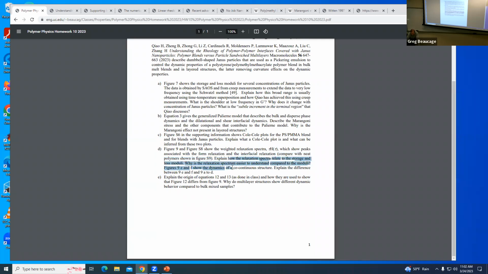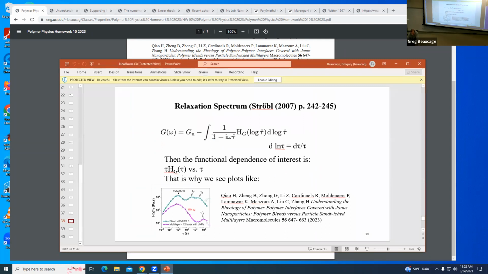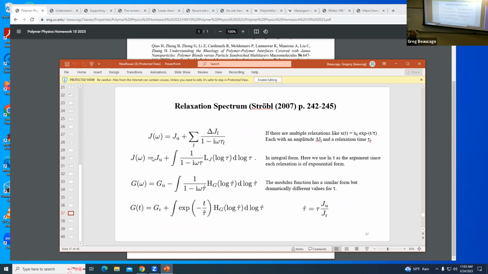And then storage and loss moduli. So basically that's from the lecture notes. So how do they relate to storage and loss? Well, this is the complex modulus. So basically you integrate it. This is going to govern how you get the storage and loss. This should be G star here.